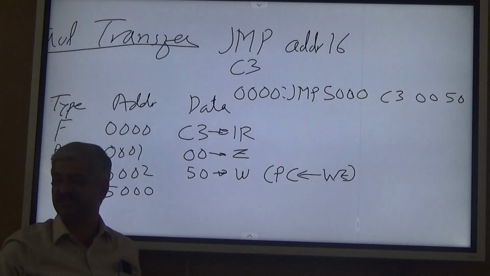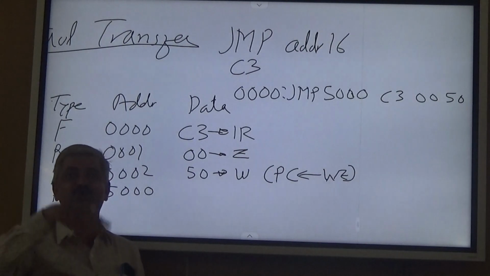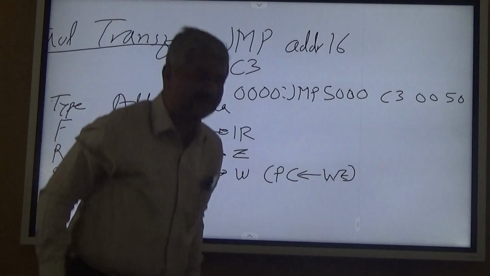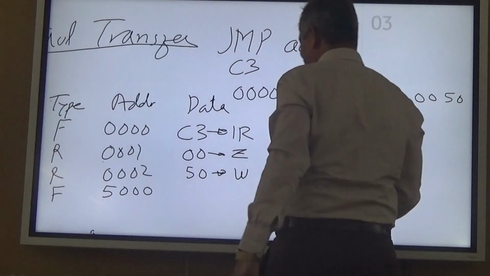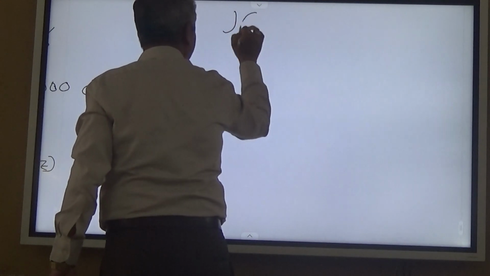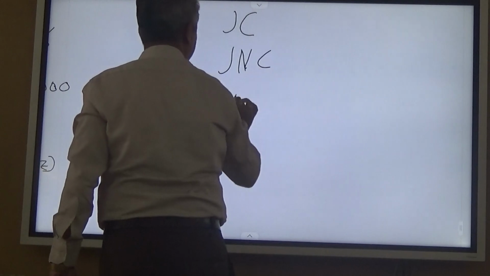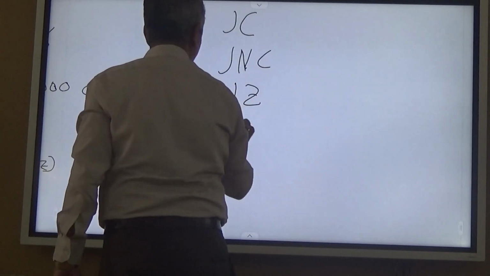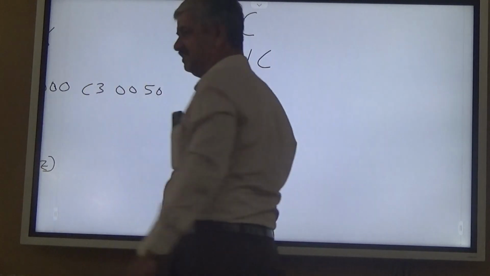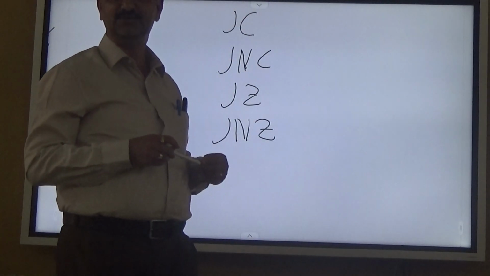The conditional branch instructions are based on flags, carry flag and zero flag. So there are two instructions, actually there are 4. Jump on carry or jump on no carry. Similarly, jump on zero, jump on no zero. Right? Is it okay?